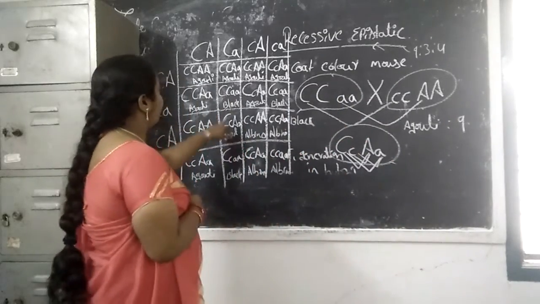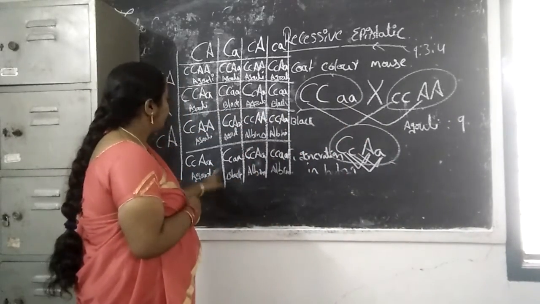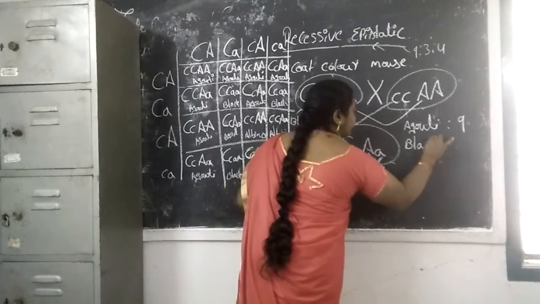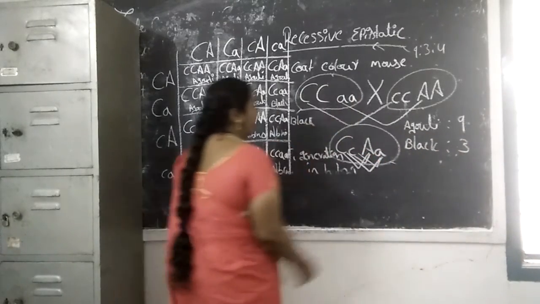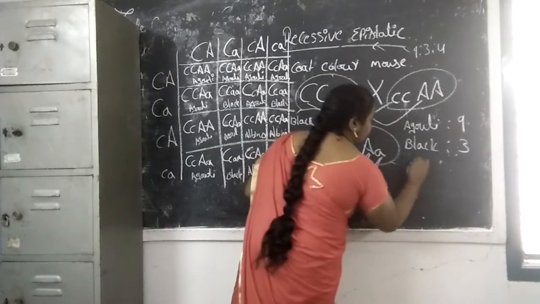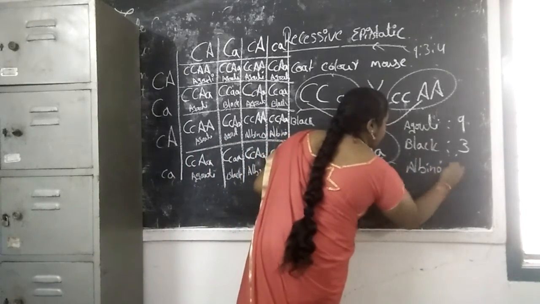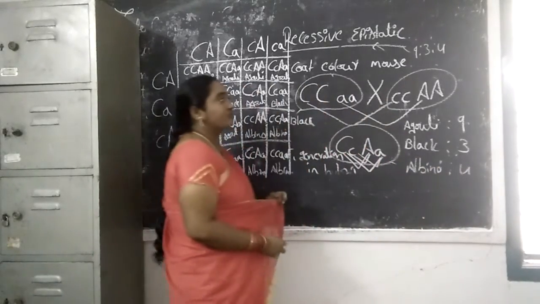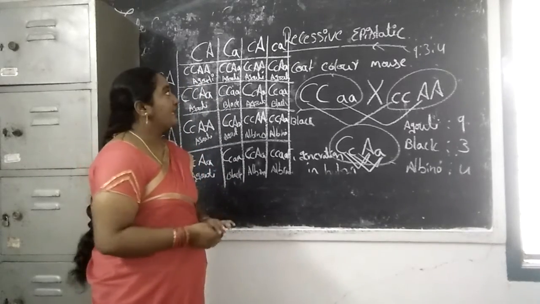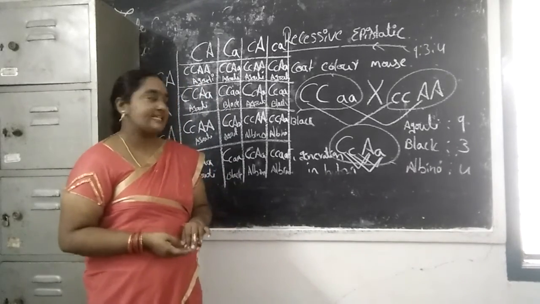The next one, 1, 2, 3, black, is 3. The next one, albino, 1, 2, 3, 4. So that 9:3:4 is the phenotypic ratio, which is called recessive epistasis.